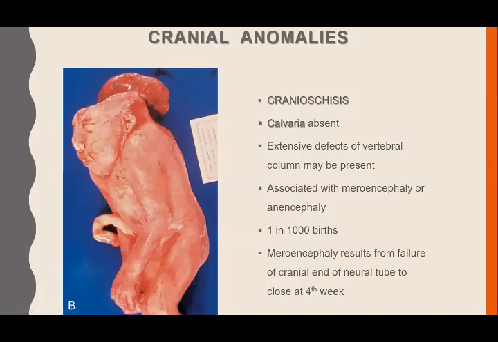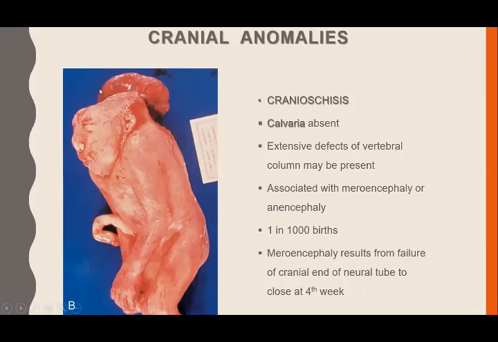और अब cause क्या है? Why doesn't the brain develop? Brain does not develop because brain develops from cranial end of neural tube. So if the cranial end of neural tube, if that fails to fuse, अगर ये neural tube close नहीं करेगी by the 4th week, तो फिर brain develop नहीं होगा.